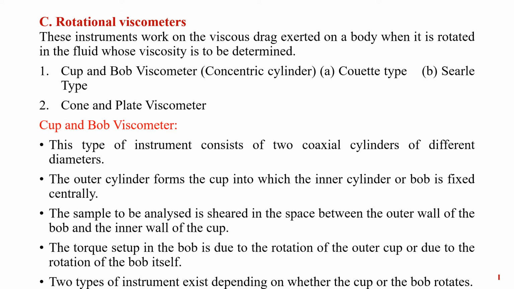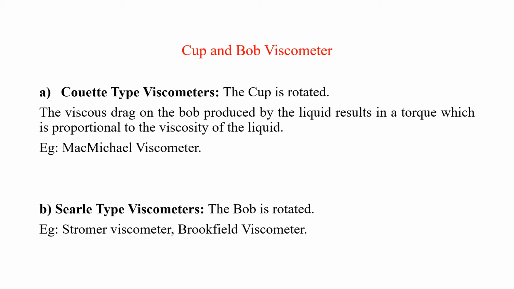Based on these two variations, our viscometer is classified as Couette type and Searle type. Couette type is where the cup is rotating and the bob is stationary. And in Searle type, the bob is rotating and the cup is stationary. Now for better understanding, if we see the picture, we'll have a better idea. Now see, we have two types of cup and bob viscometers.